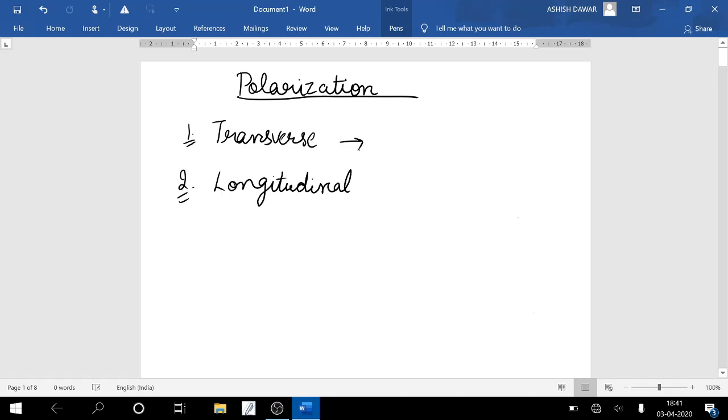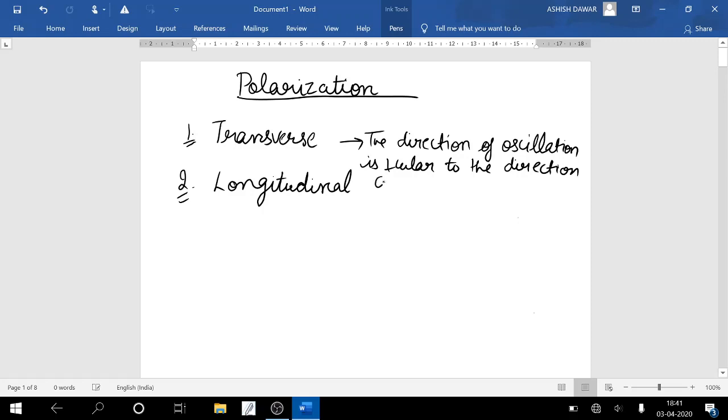Okay, so in case of transverse waves, the direction of oscillation is perpendicular to the direction of propagation of the wave.